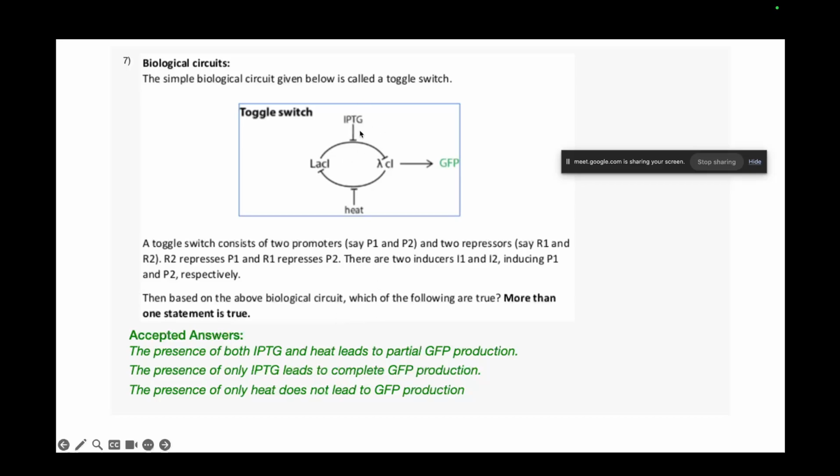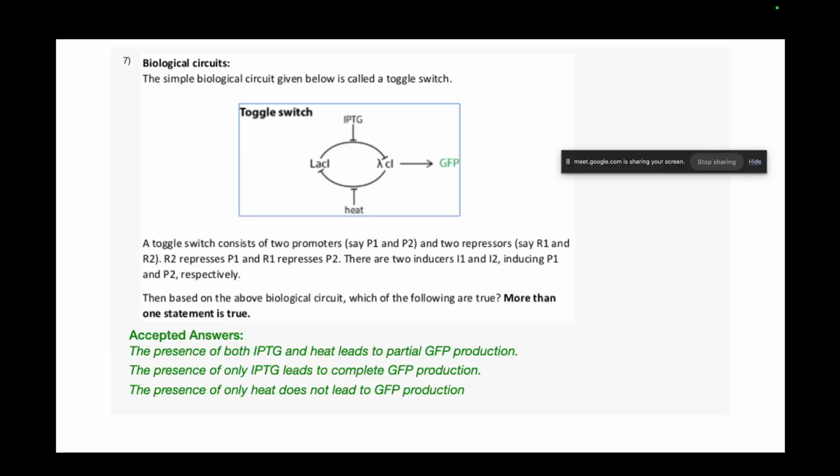So, if you have only IPTG and not heat, your IPTG will be repressing lac I and this formation of lambda CI from lac I. But if lambda CI is not present, it's not able to repress lac I. So basically, it's a cyclic mode, a complete negative feedback.